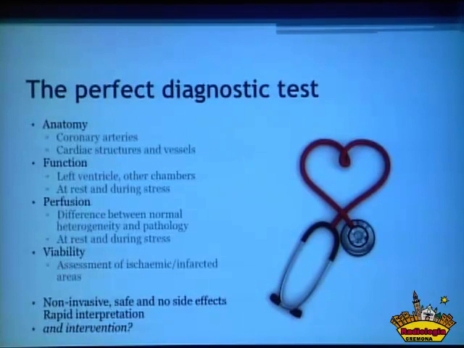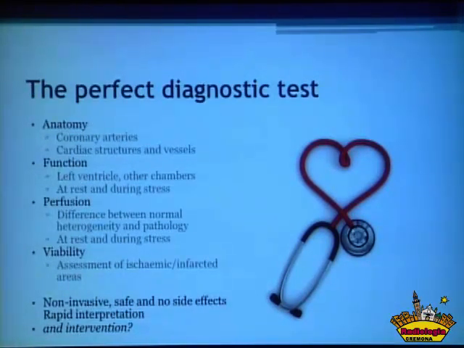Information on perfusion of the myocardium, differences between normal and abnormal tissue and differences at rest and at stress. And viability, the ability to assess ischemic or infarcted areas. The perfect diagnostic test would also be non-invasive, safe, have no side effects, be really quick to interpret, really quick to do, and be able to do intervention at the same time.